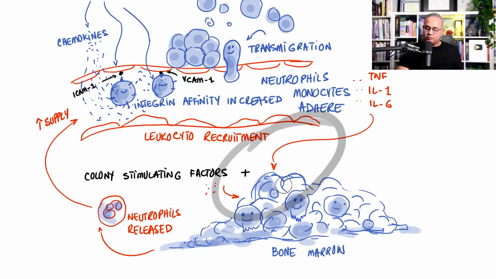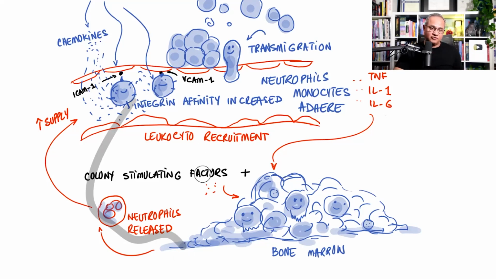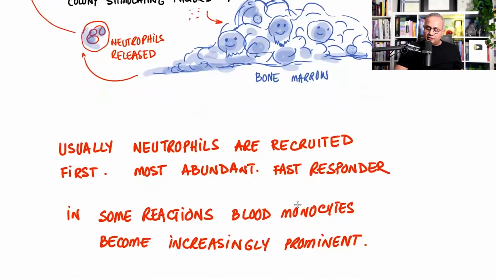All of these molecules together tell the bone marrow to make more cells that are going to go to the area of inflammation. More important cells there are neutrophils. Neutrophils are the most abundant responders of the inflammation and the very first responders in the majority of inflammation. There are certain inflammatory triggers that cause monocytes to respond more, but most of the time neutrophils respond.